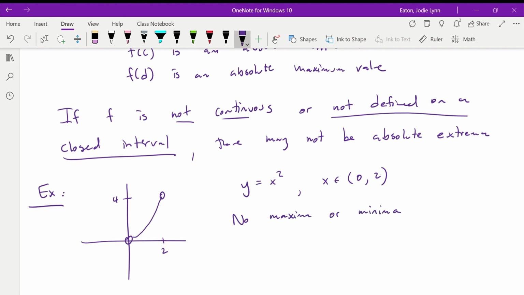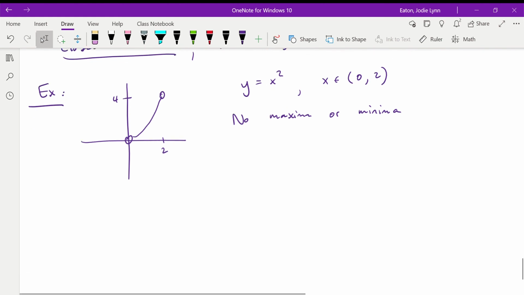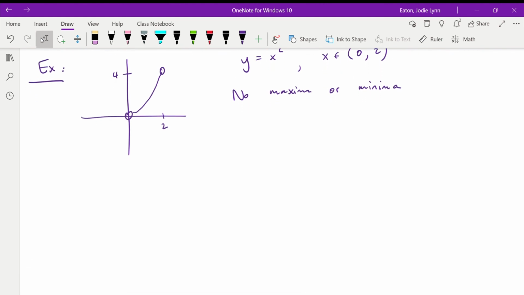The extreme value theorem doesn't say anything about local maxima or minima and whether they exist. It's only talking about those absolute, the highest value on that whole closed interval and the lowest value on that closed interval. Now that we understand when we can be sure of finding an absolute maximum or minimum, there's only a limited number of places where they can be found.